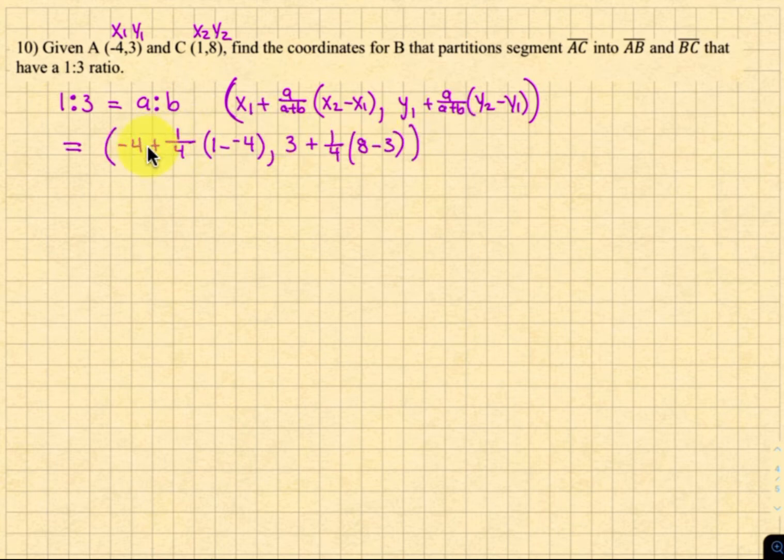And we're plugging in the numbers into this partition formula. So it's -4 plus 1/4, 1 minus -4 for the x-coordinate. And the y-coordinate is 3 plus 1/4 of 8 minus 3. And if we plug all of this into the calculator, the x-coordinate is -11/4 and the y-coordinate is 17/4. So this is our partition point that partitions in the ratio of 1:3.